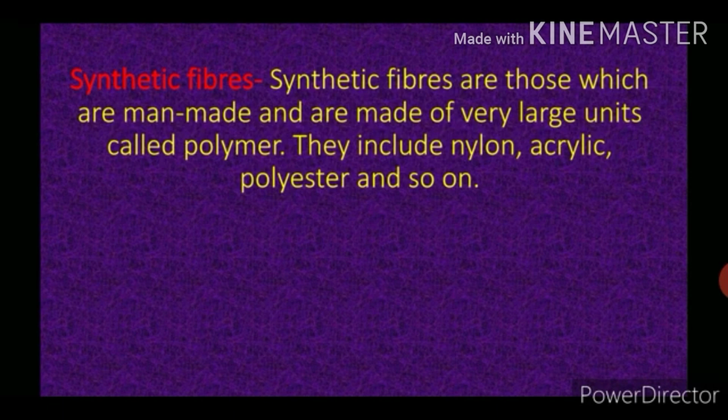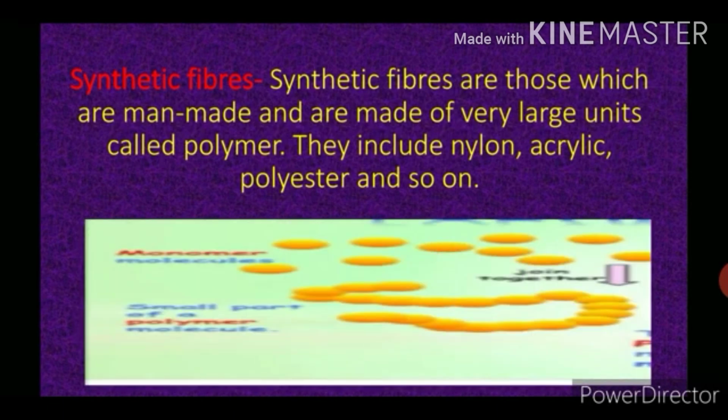Now, see this diagram. You can see here one necklace. Synthetic fiber is pretty much like this. What is there in synthetic fiber? You please try to understand very carefully. Each one unit of this necklace, that is individual bead, you can say that every individual bead is single unit, and this single unit is known as monomer.